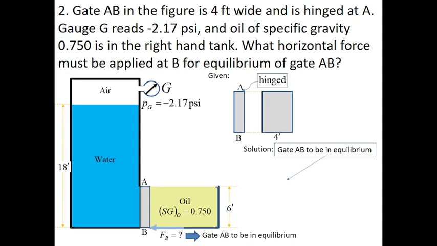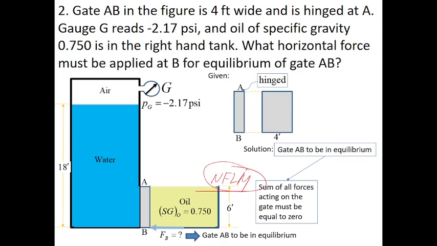So, in this case, gate AB to be in equilibrium, the sum of all forces acting on the gate must be equal to 0. So, in-apply natin yung Newton's first law of motion. Nanggaling ito sa Newton's first law of motion. Okay? The law of inertia.